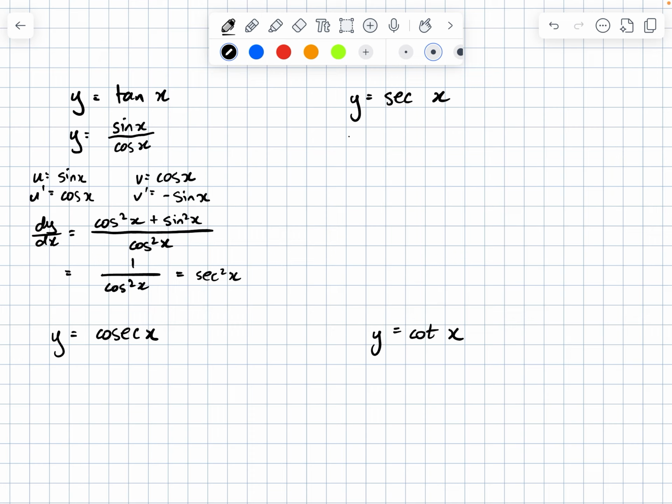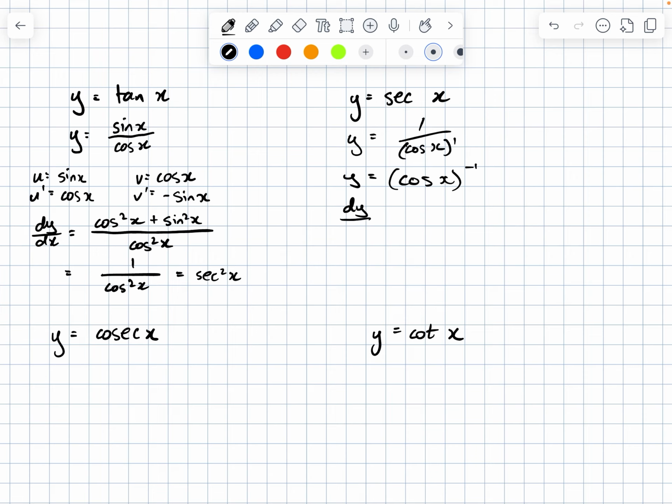Differentiating sec x, well, we first have to rewrite sec as 1 over cos x. Then, we've learned that if something's on the bottom of a fraction, to differentiate it we should bring it to the top. So treat that as if it's power 1, and we bring it to the top by changing the power to a negative 1.